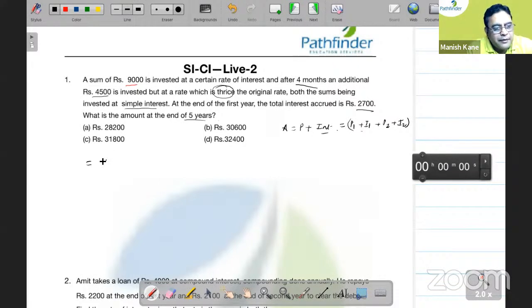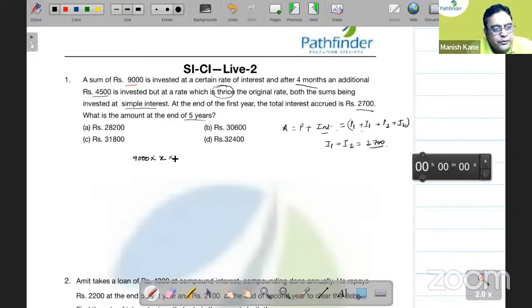So the basic method will be that you have 9,000 plus P into T into R. So 9,000 into, you don't know the rate of interest, so you have X, and since you have the interest accrued, you will only calculate the value of I1 plus I2, which is equal to 2,700.